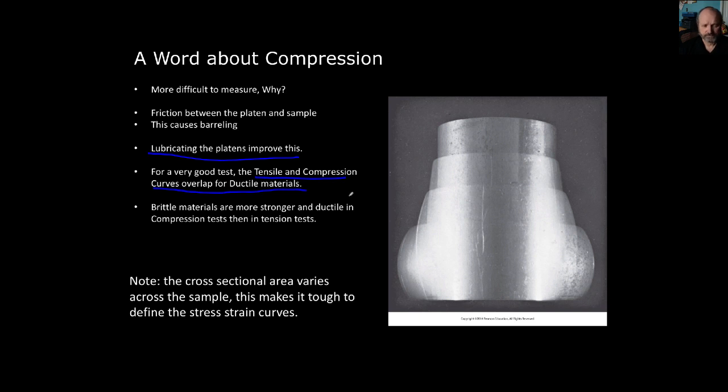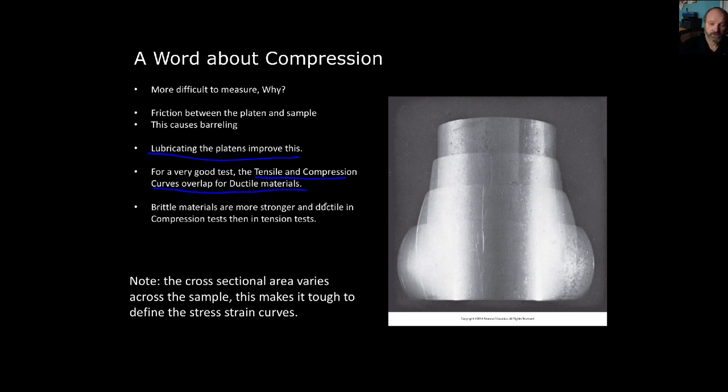Brittle materials tend to be stronger and more ductile in compression tests as opposed to tension. If I pull on a brittle material, it snaps. If I push on it, it will compress a little bit and it'll be stronger. So you're going to choose different materials for different applications.